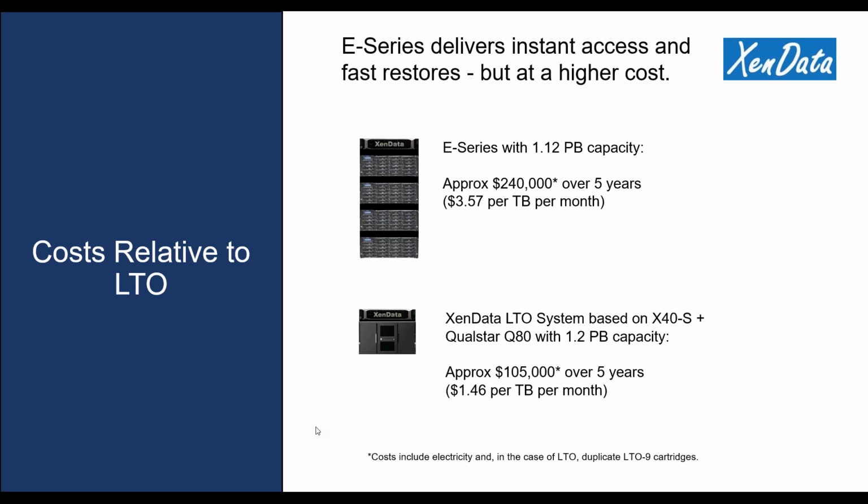And the LTO system does include the cost of duplicated LTO cartridges. But you can see that there's greater than a 2-to-1 difference between them. But of course, the E-series will give you a much higher level of file restores if you need it.